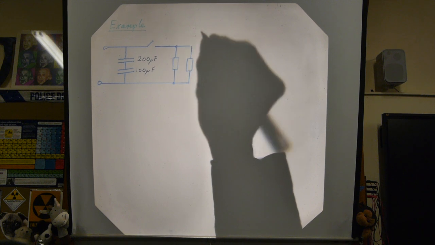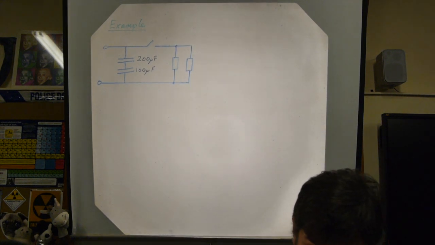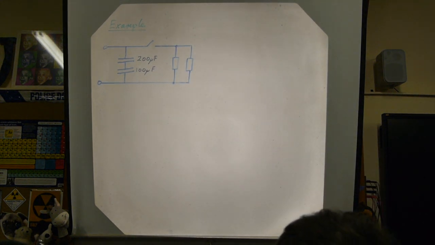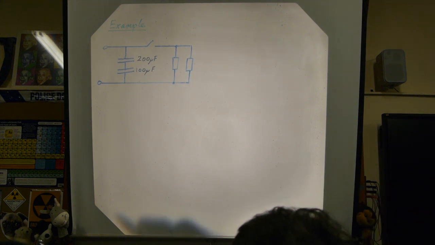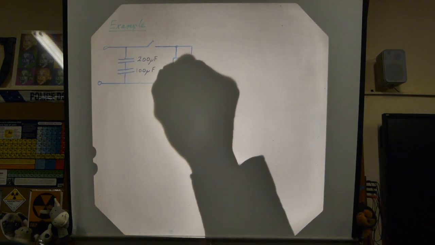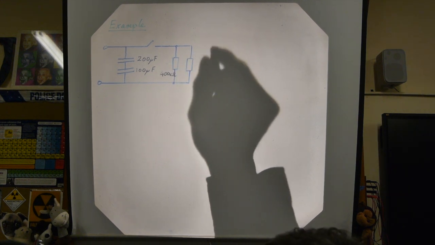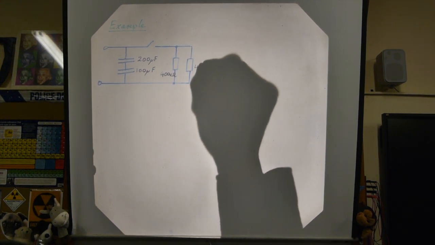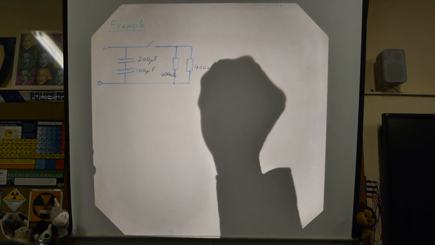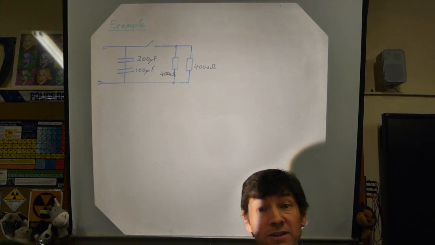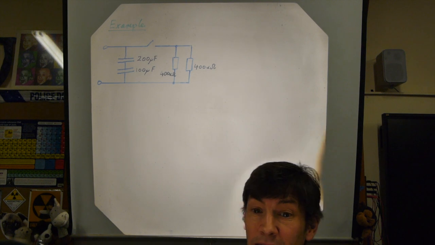Two resistors in parallel, yeah? And we'll give those some values. So we'll make this one 400 kilo ohms, and we'll make this one 400 kilo ohms as well. That's quite A-levelly. It just makes the maths a little bit easy.